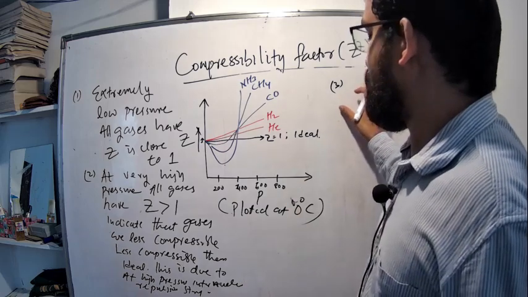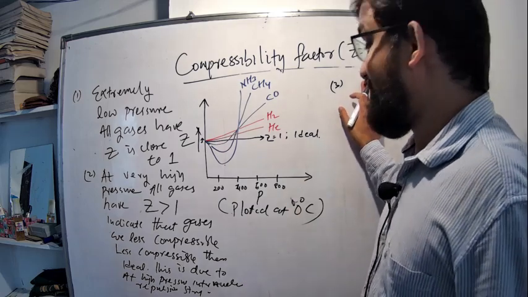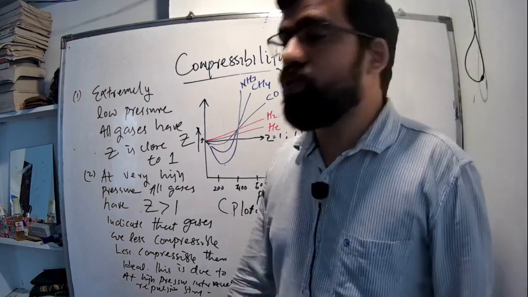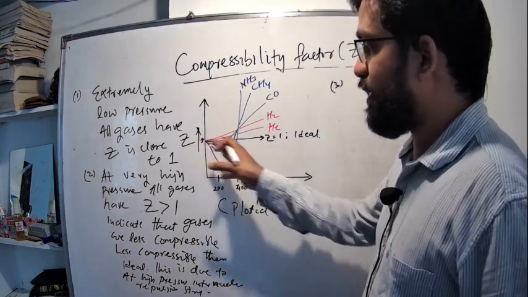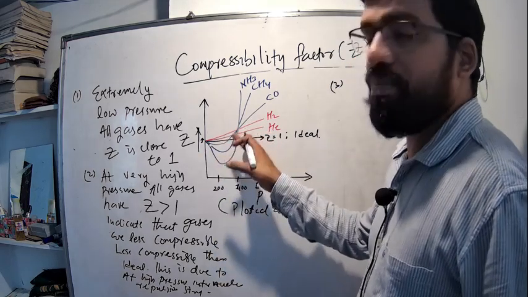Now, Z is less than 1, it is due to moderately high pressure.